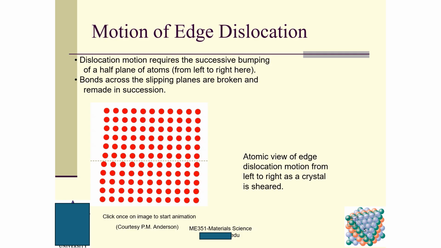I'm sorry, the animation does not work in this one. I'm going to email you the animation after class. So here is an atomic view of edge dislocation motion from left to right as the crystal is sheared, if you apply the shear force.